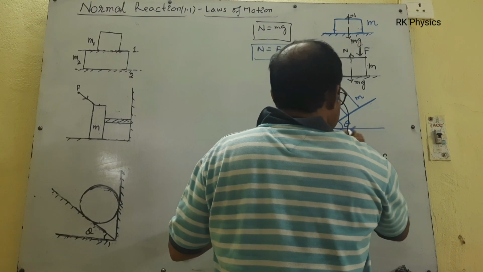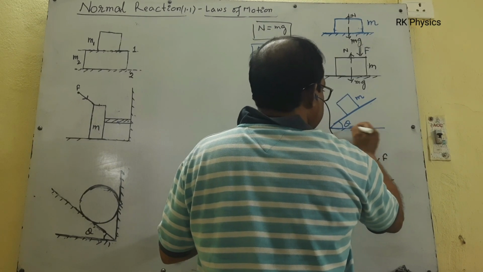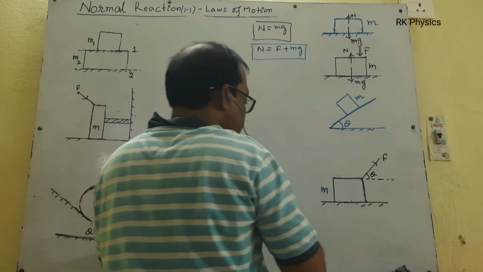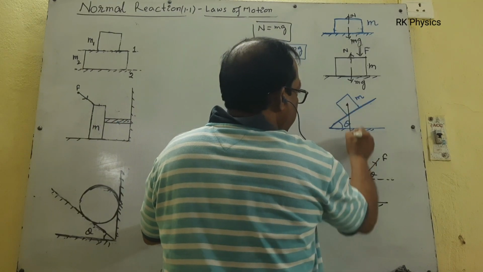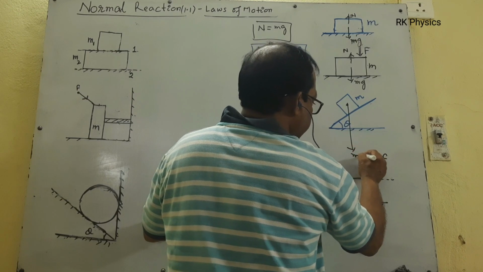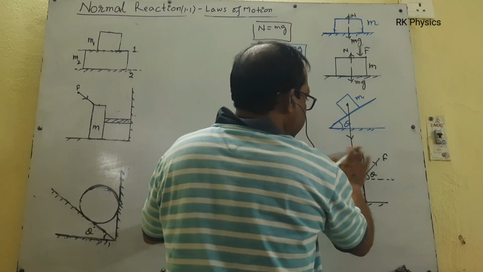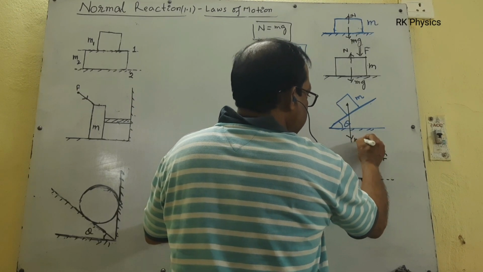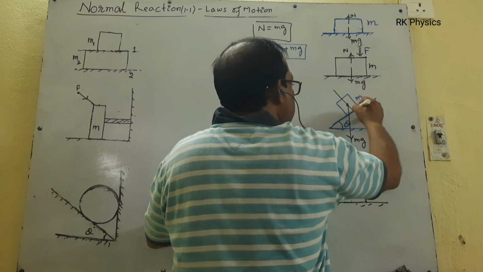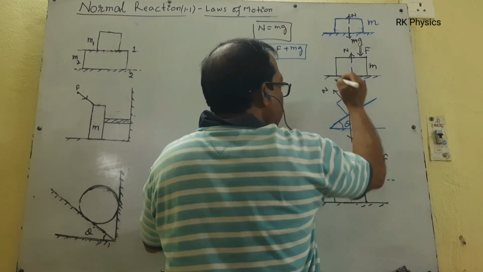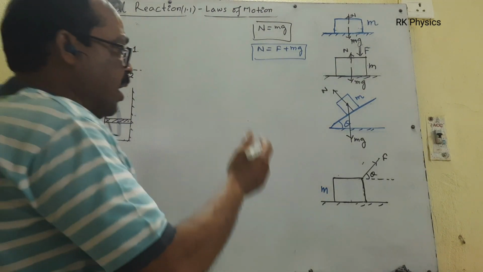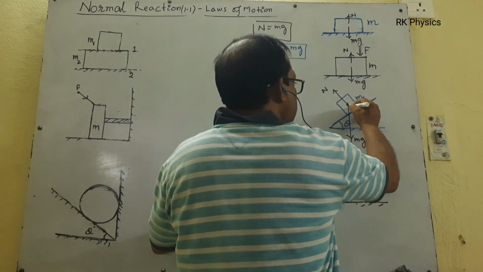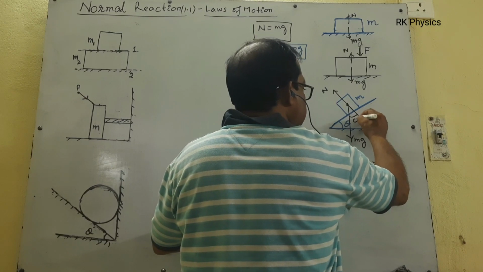You take an inclined plane. An object is placed over that plane. Now, the only forces are the weight of the object acting vertically down and the normal reaction, which acts perpendicular to the inclined plane, outward. As per geometry, this angle is theta.